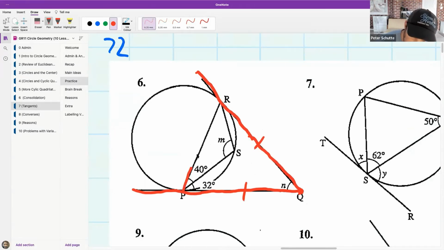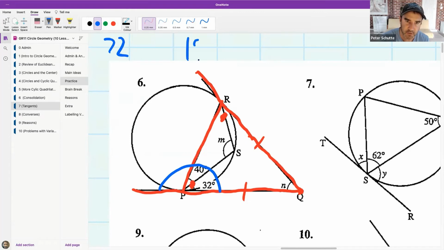So if that's the case, this must be an isosceles triangle, which allows me to say that in an isosceles triangle, this angle and this angle will be the same. Now to go back to another point, how did I get 108? Well, this angle on a straight line is 180.